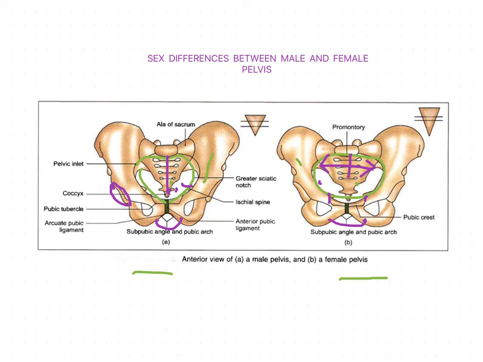In females, the pelvic part of the chylotic line is longer than the sacral part.